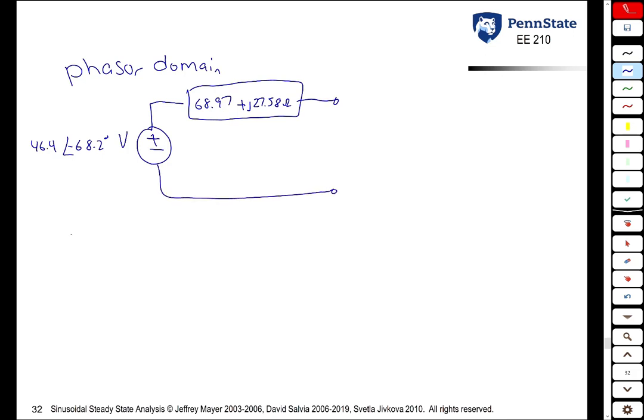In the time domain, the voltage source becomes 46.4 cosine of 1000t minus 68.2 degrees volts.